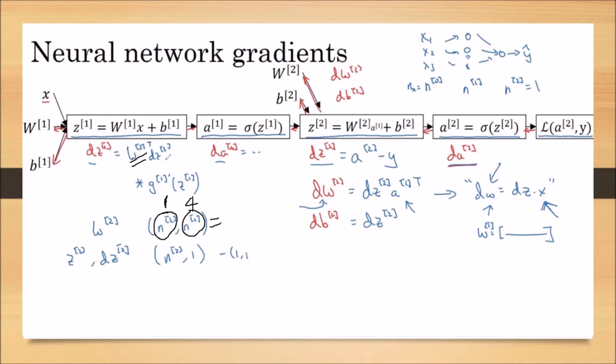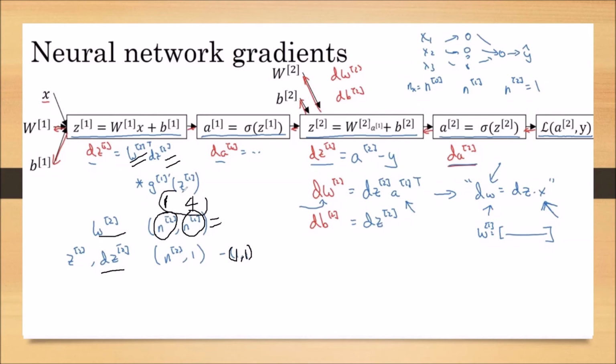Now what is this dz2? This dz2 is what we calculate for the last layer activation unit. How many activation units are there in the last layer? Only one. So dz2 is a 1 by 1 matrix, with only one element. We want to multiply W2 into dz2. How is it possible?